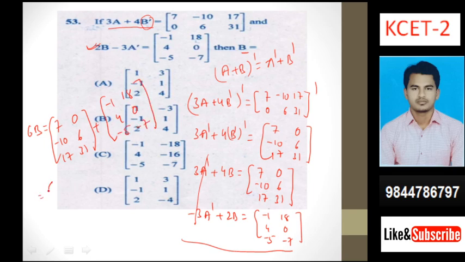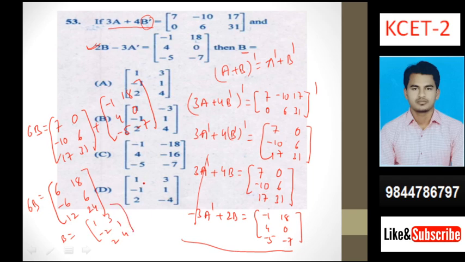Adding these two: 7 minus 1 is 6, 0 plus 18 is 18, minus 10 plus 4 is minus 6, 6 plus 0 is 6, 17 minus 5 is 12, 31 minus 7 is 24. Now 6B, B equal to, divide by 6, 1 3 minus 2 1 2 and 4.